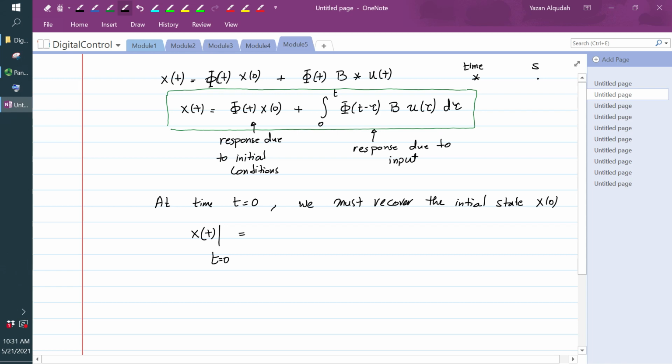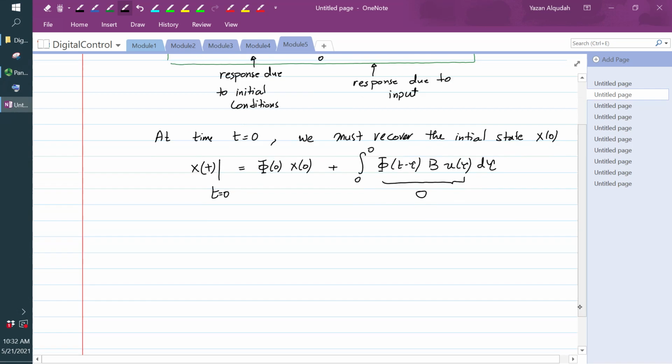But what does the equation give me? It tells me that this is going to equal phi of 0 multiplied by x of 0 plus the integration from 0 to 0, because I'm calculating at t equal to 0, of phi of t minus tau multiplied by b multiplied by u of tau d tau. Now the second term is just going to equal 0 because I'm integrating from 0 to 0.